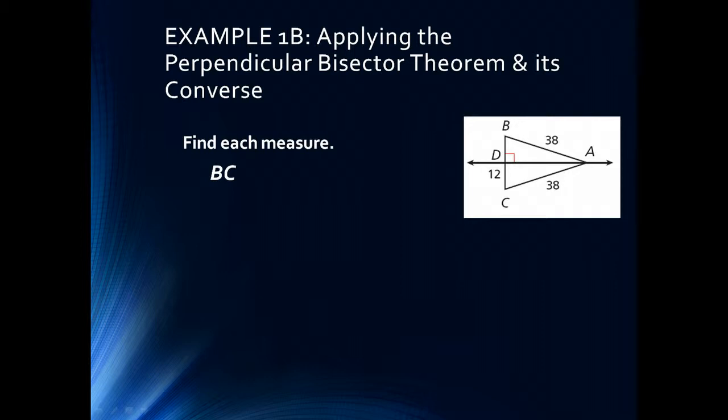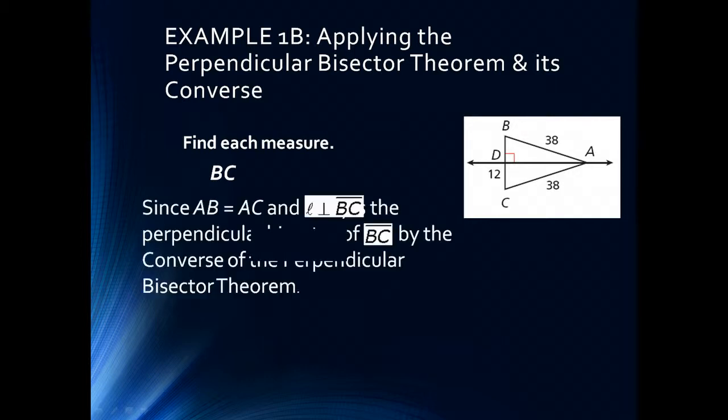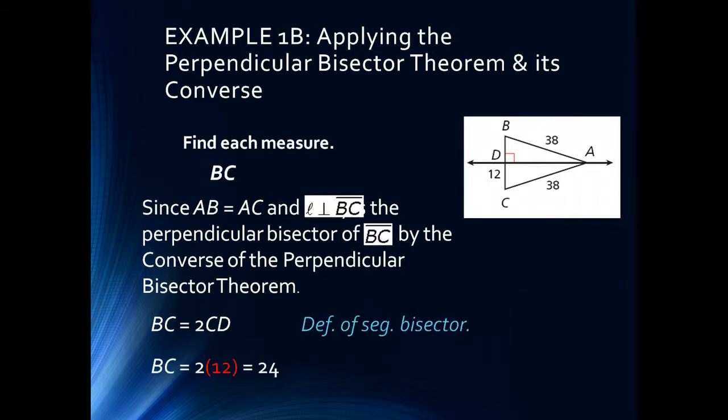That tells us then that DB and DC are also congruent. Since they are congruent, then that means that BC is equal to 2 times CD. Then all we have to do is substitute in the 12 for CD, and we get that BC is 24.